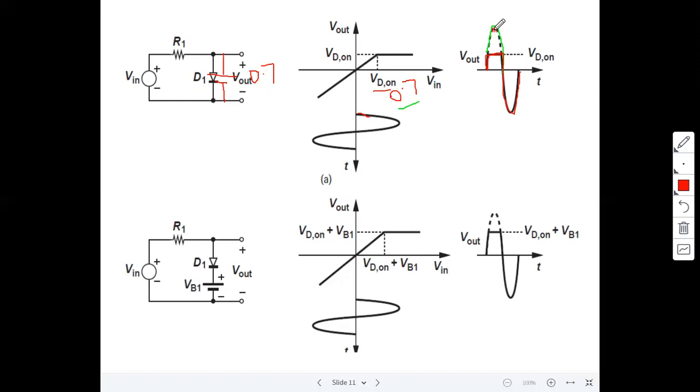The green color indicates the input range greater than 0.7 up to the maximum and back down to 0.7, where the diode is on. When the diode is on, the output is limited to 0.7 only. So the clipper circuit is also called a limiter circuit, because it limits the voltage.